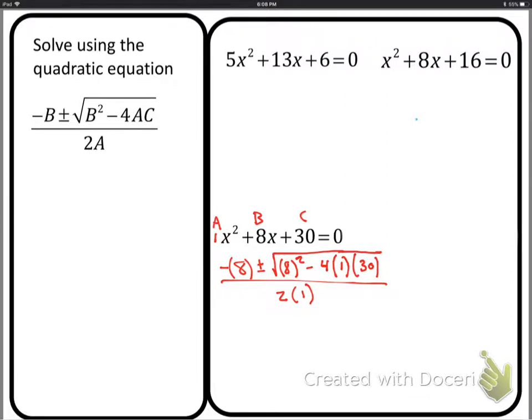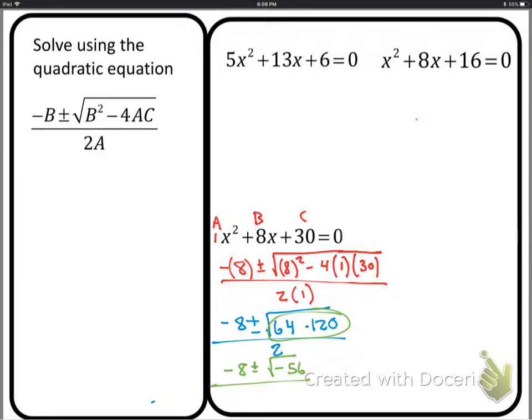Now simplifying this out, negative 8 plus or minus square root. 8 squared is 64. Negative 4 times 30 gives me negative 120, divided by 2. Now simplifying the discriminant, 64 minus 120 gives me negative 56. We have negative 8 plus or minus square root of negative 56 divided by 2.